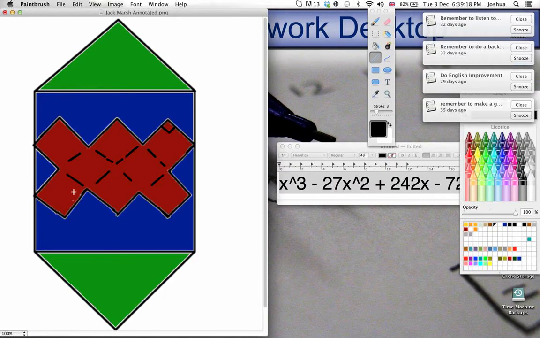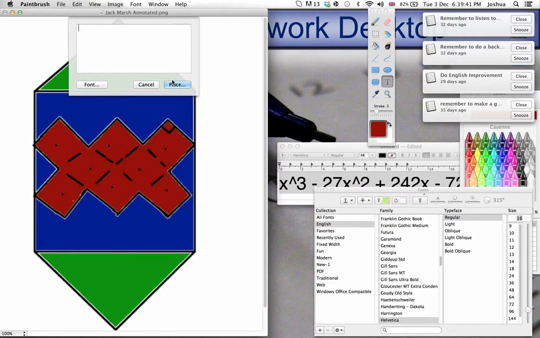There we go. And if you count them, you get 1, 2, 3, 4, 5, 6, 7, 8. So if one side of this shape is of that length, we can say that the area of the red shape is going to be 8 times the area of 1 square. 1 squared is 1, so 8.